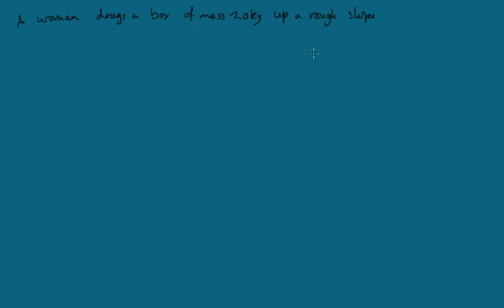A little tip for exam questions: if you see the term rough slope, you know you're going to have to do some stuff involving friction. The slope is at 10 degrees to the horizontal, and the coefficient of friction is 0.45.